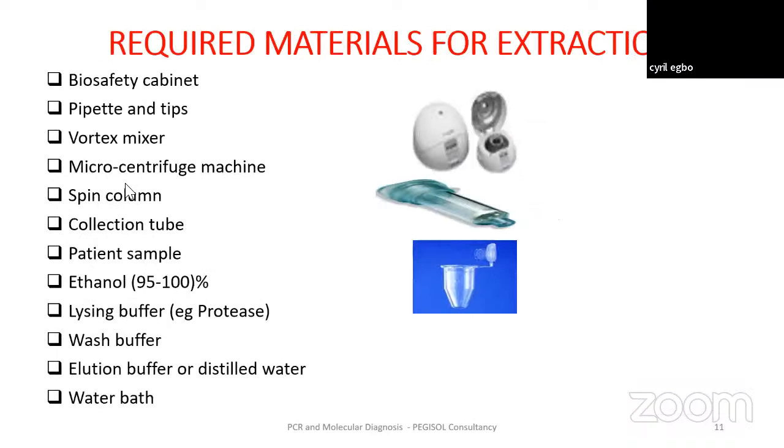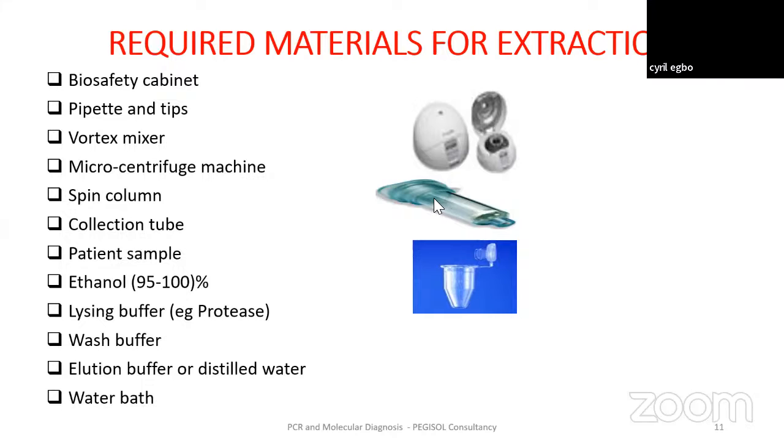Then what are the materials that we require for this extraction, for instance the manual process? In the manual process, we need a microcentrifuge machine and a spin column. If you look at this pictograph, this one is the actual microcentrifuge.